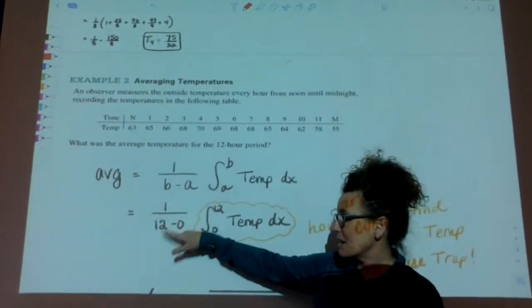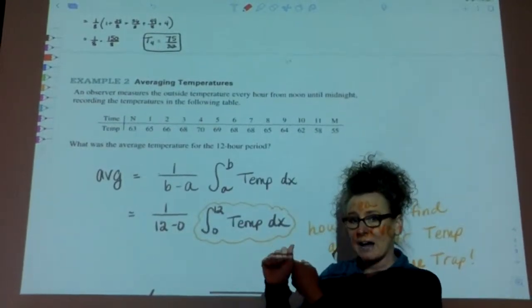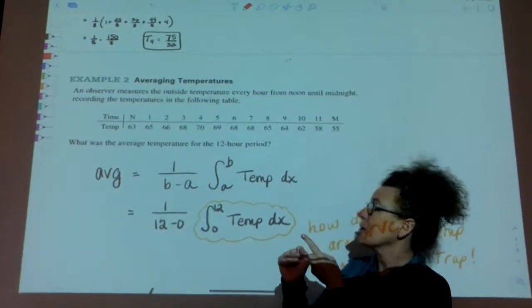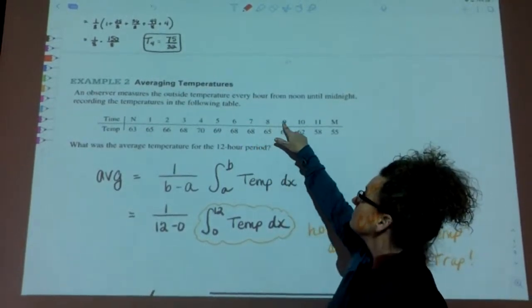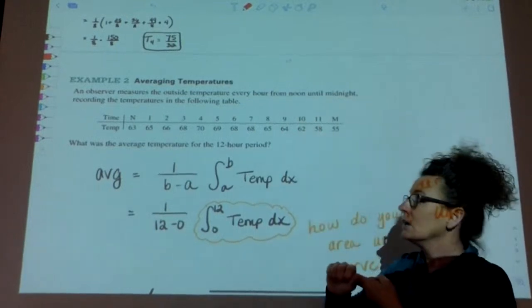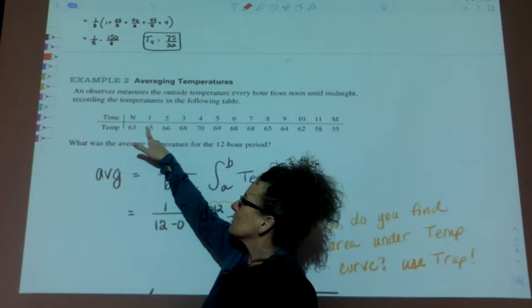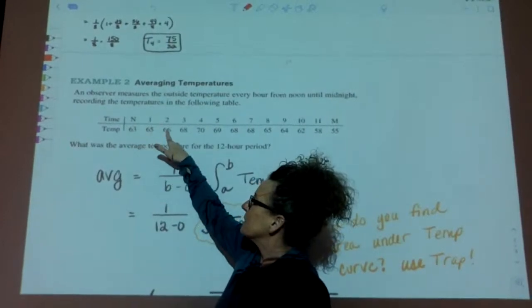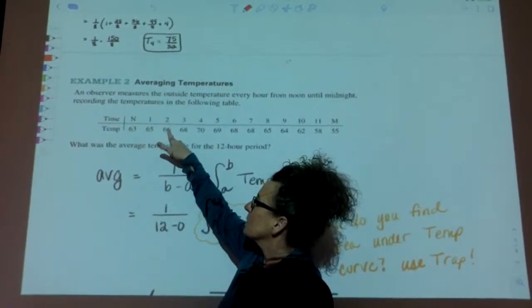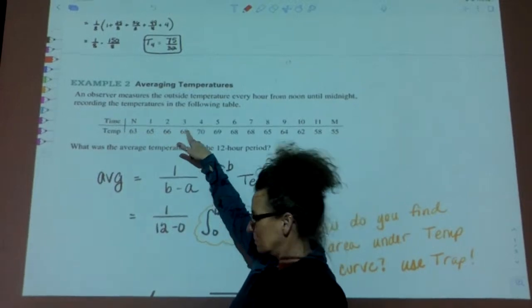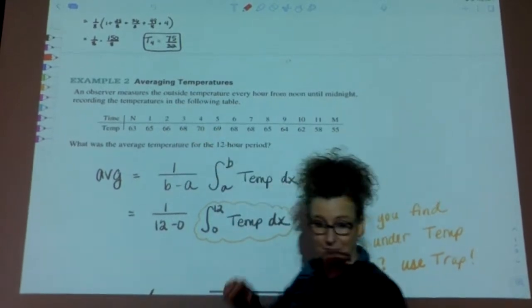So we're still going to have this out in the front, but we're going to have our 1/2 times the height of each trapezoid. That's our integral. Times b1 plus b2 plus b1 plus b2 plus b1 plus b2, and so on.